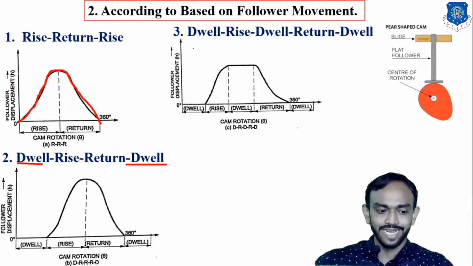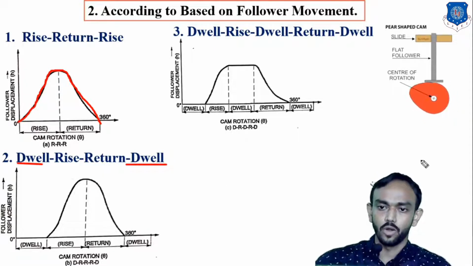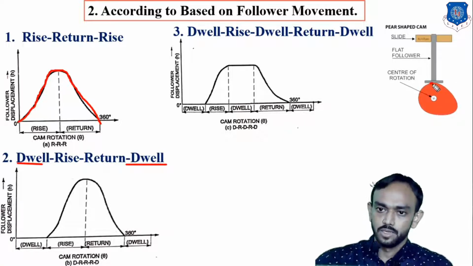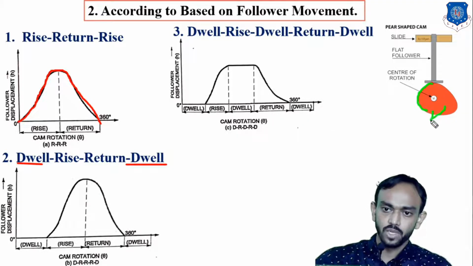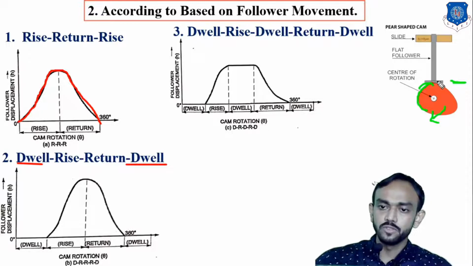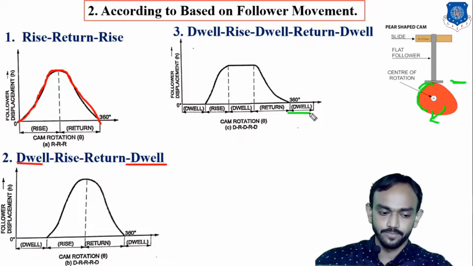Check this diagram. From this point on the profile of the cam up to this point, the cam is rotating, but the follower will be here, in steady condition. So for this curve, the follower is not moving, and that's why it is known as dwell time.